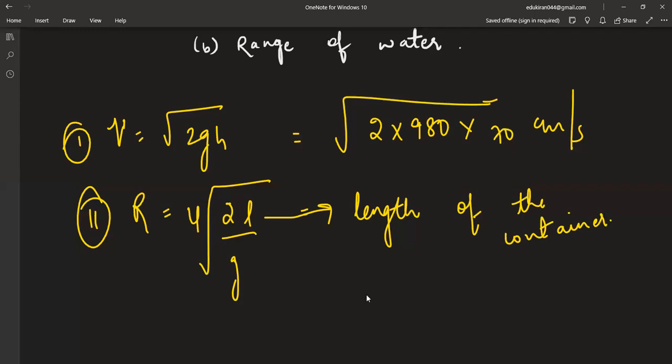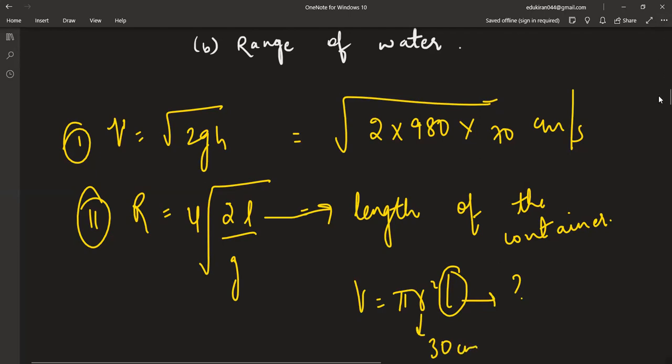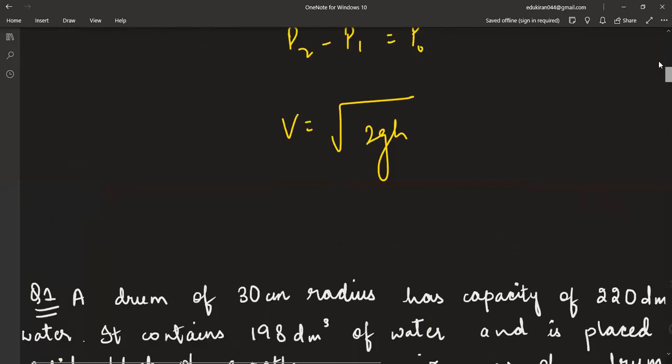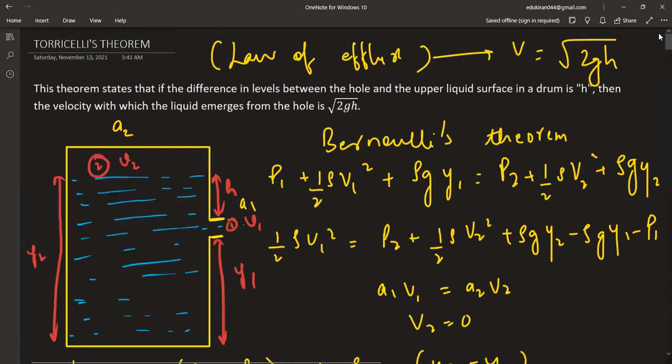When you calculate the volume as pi r square L, you know the volume and the radius, which is 30 centimeter, so you can find out the value of L. Such types of questions you'll also be able to manage. You just have to put in the values. Note it down, quickly note it down.